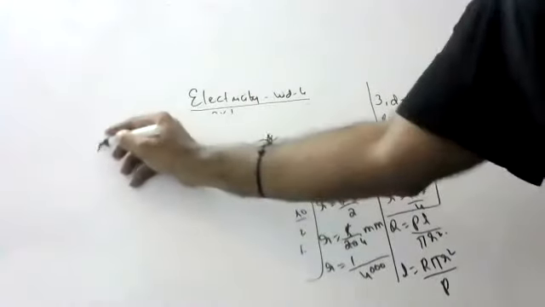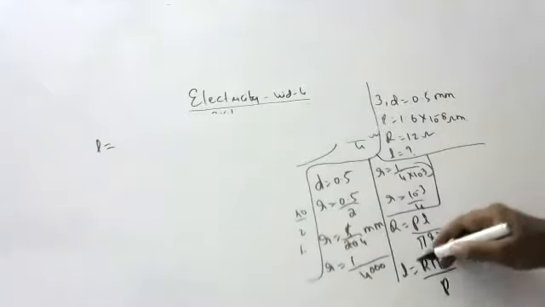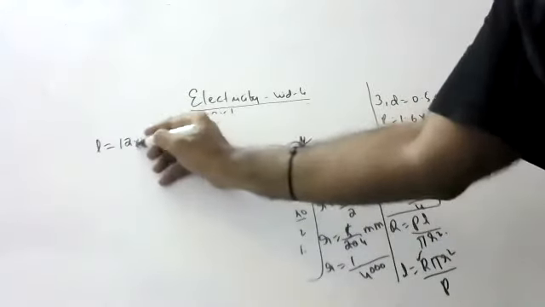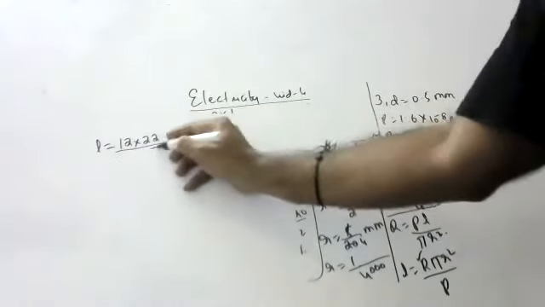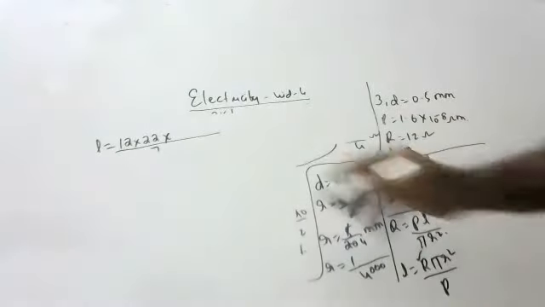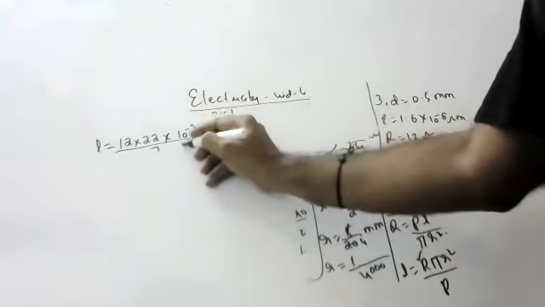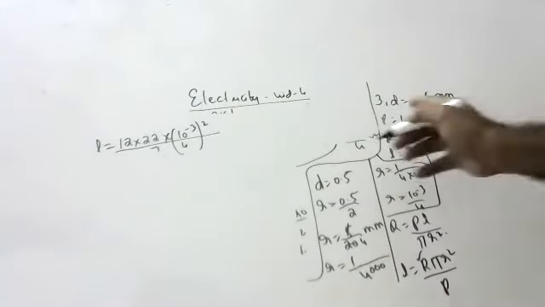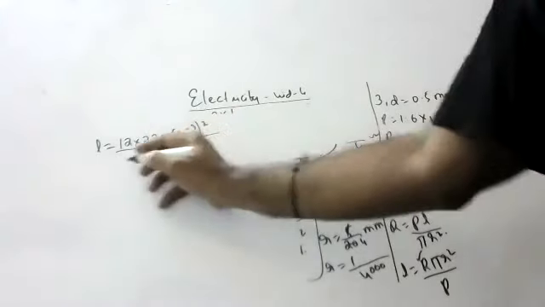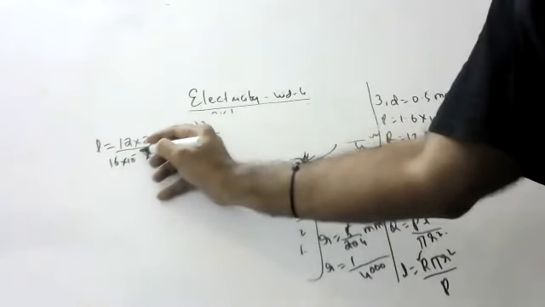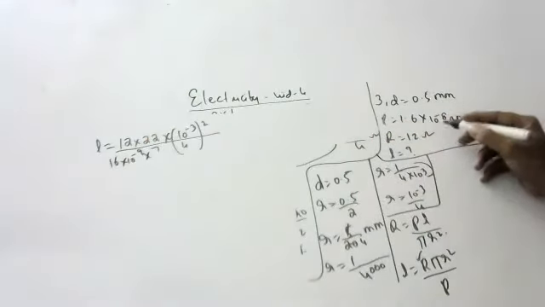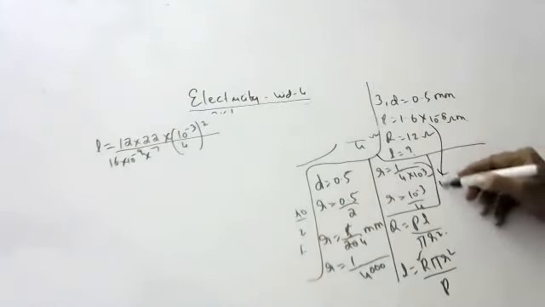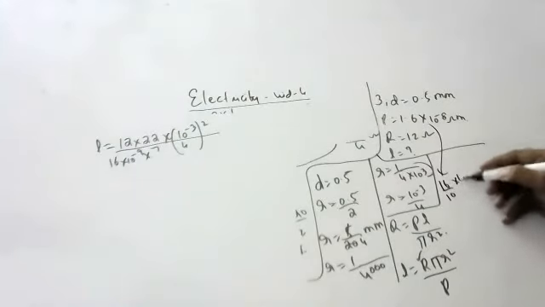See all of it. L is equal to R, which is 12 ohms, into pi, which is 22 by 7, into radius, which is 10 to the power of minus 3 by 4, whole square, by rho. Children, rho is 1.6 into 10 to the power of minus 8, so 16 by 10 into 10 to the power of minus 8.